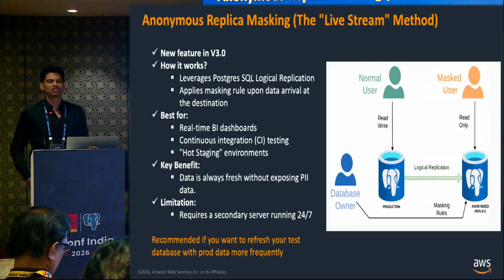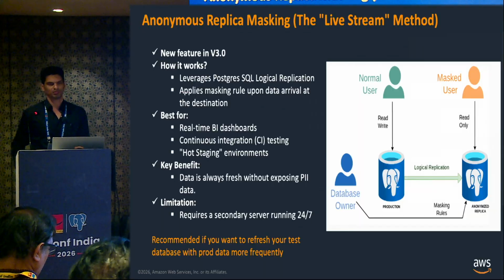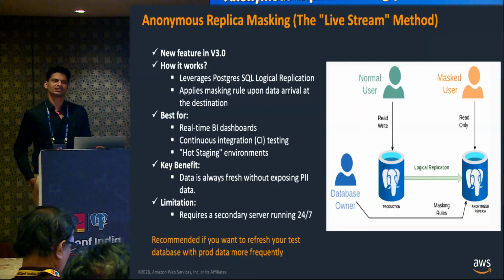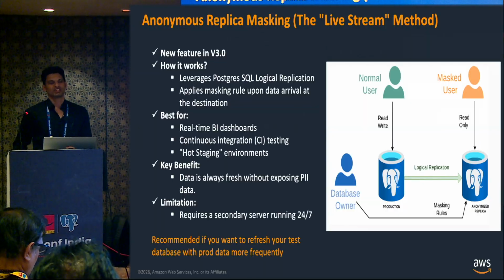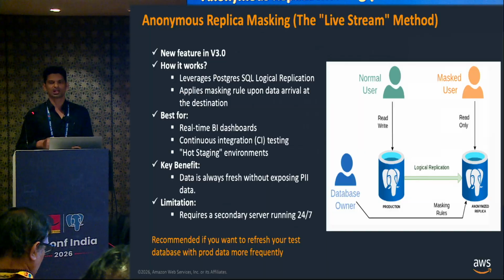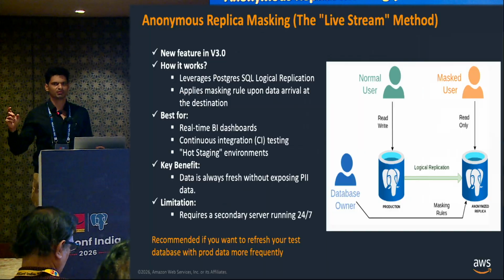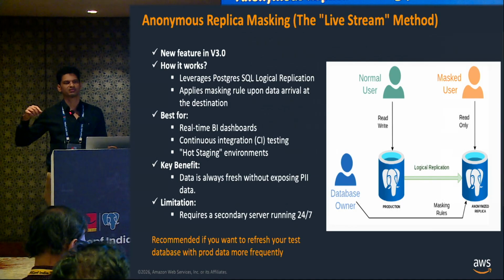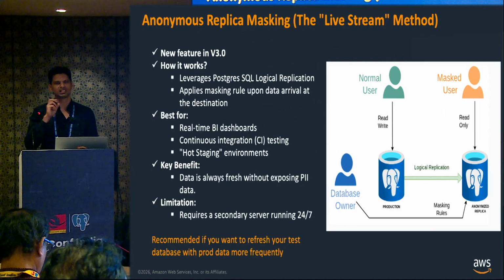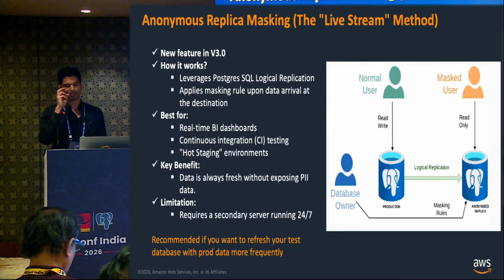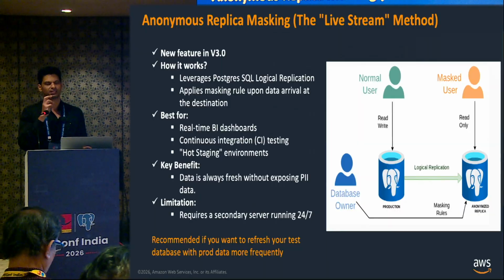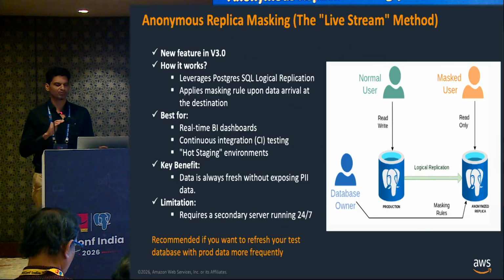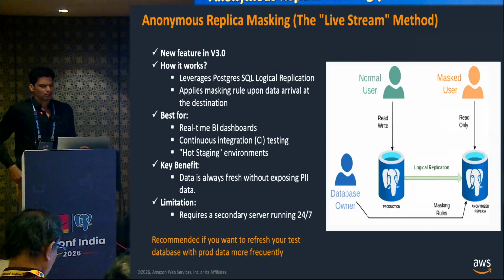It works on the pub-sub model: the primary database acts as the publisher and the replica database, where the extension is installed, acts as the subscriber. Whenever a change is made in the primary database, it gets streamed to the replica, and the extension sitting on the replica intercepts the changes and applies the masking rules on the data it receives. So it is completely in transit, and it is completely on live data.